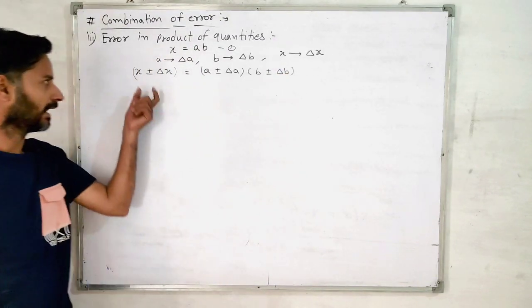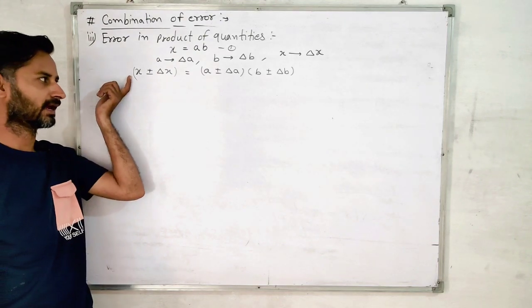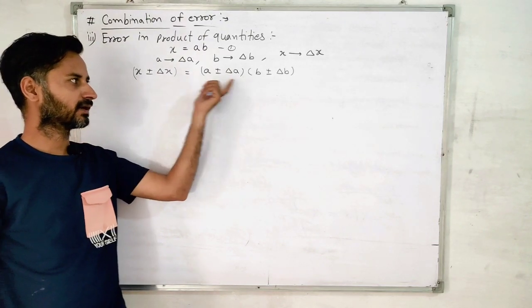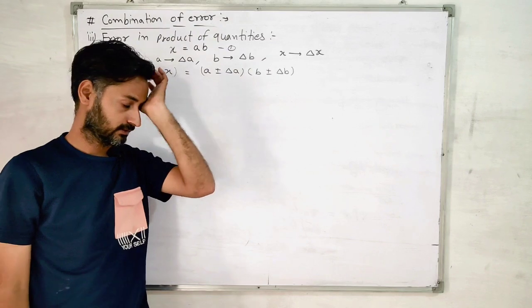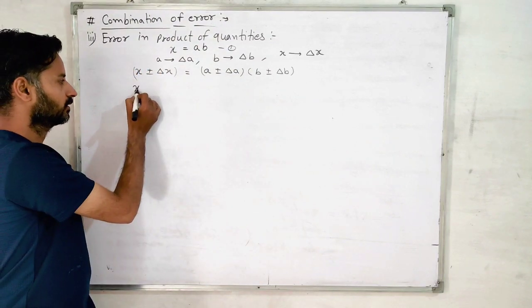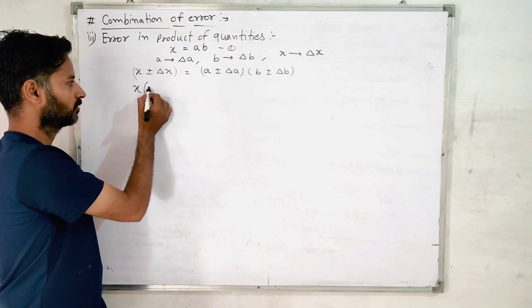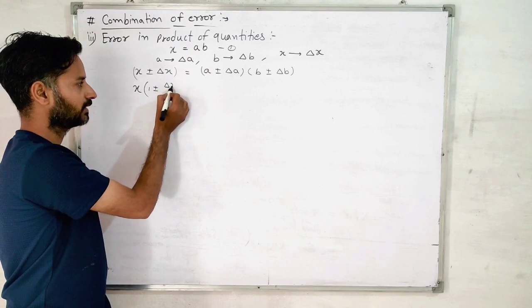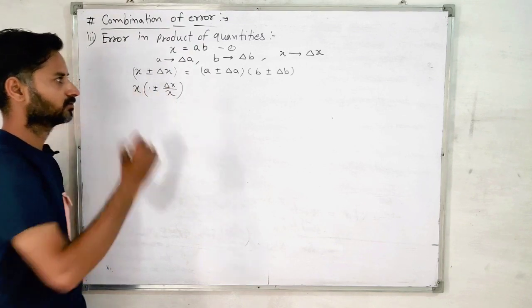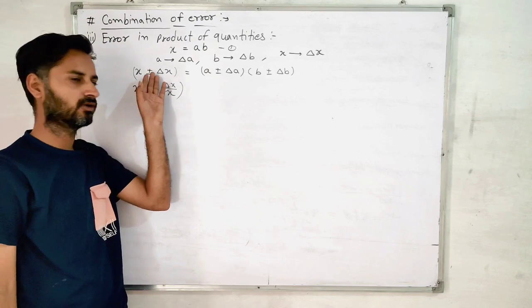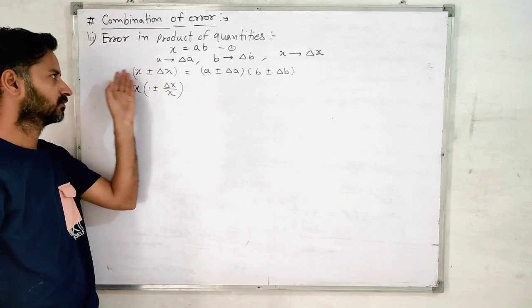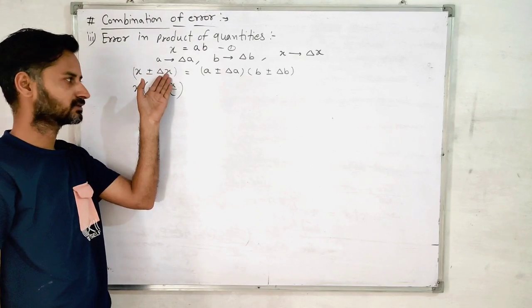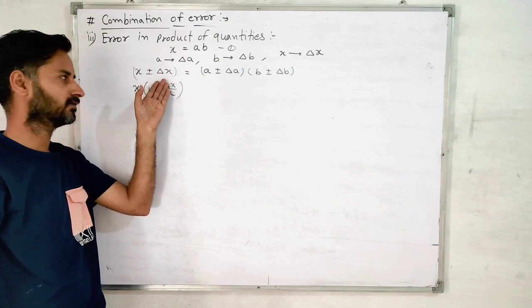Now take x out of this bracket, a out of this bracket, b out of this bracket. In this case we get x times (1 plus minus del x divided by x), because we want to take x as common, but there is no x, there is del x, so we have to multiply and divide by x.